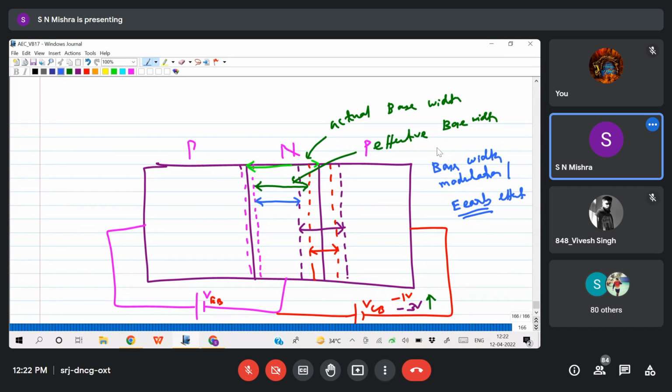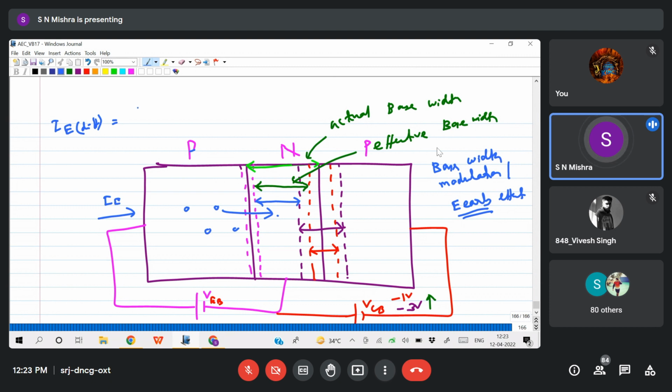Yes, sir. Now, holes are moving from here to here. When I talk about emitter current, I will get it due to diffusion. Due to diffusion, the current will move from P side to N side initially.